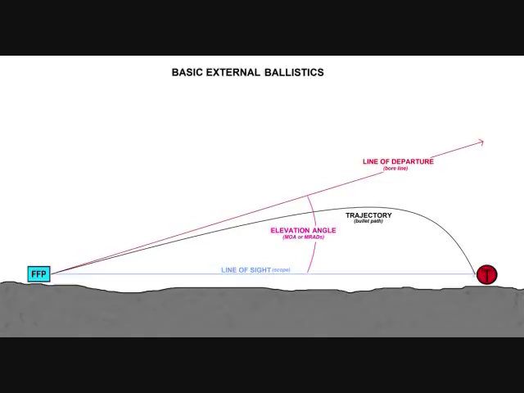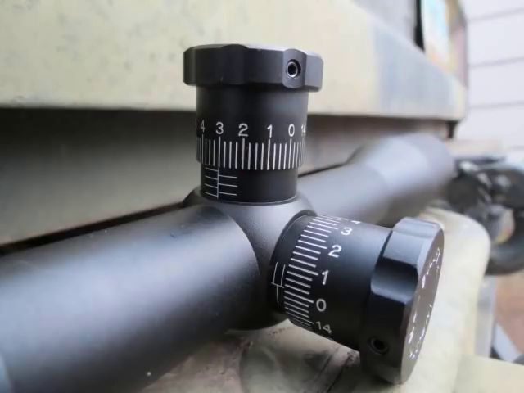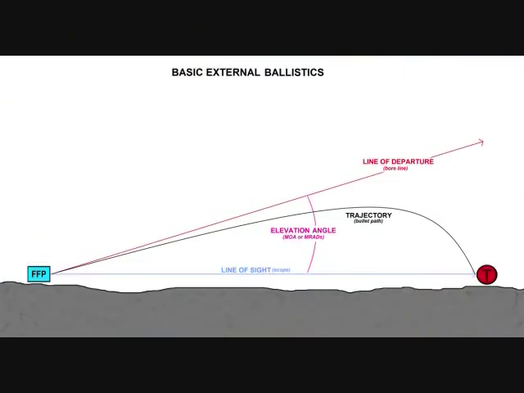So when you dial in your firing solution, what you're looking at is that line of departure. That's really the elevation setting you're talking about. If you adjust your optic for 27 minutes of angle, that's talking about your bore, your line of departure will be elevated 27 minutes of angle, or almost half a degree.